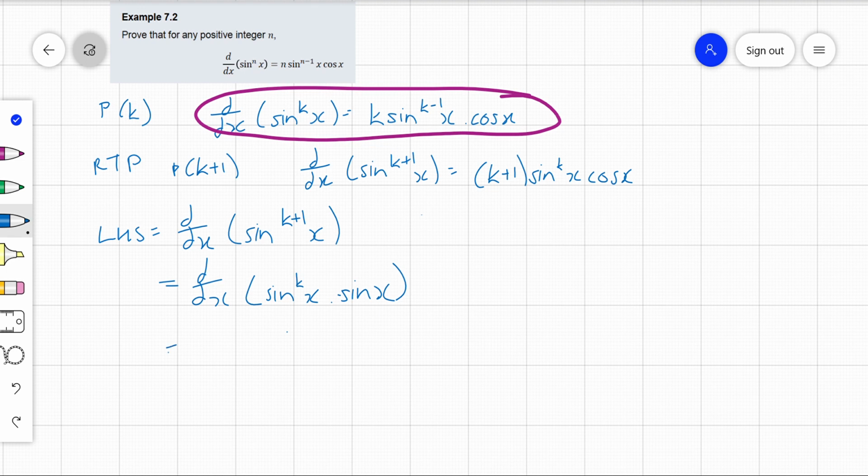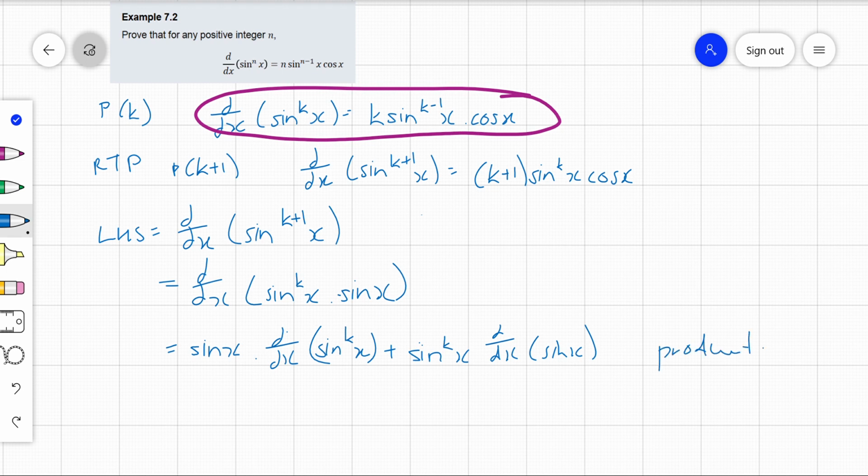So again, we are going to use the product rule. I'm going to take the sine x by itself and d/dx the sine to the k x, plus, this time, I'll do my sine to the k x times d/dx of sine x. So we're using the product rule to do that.